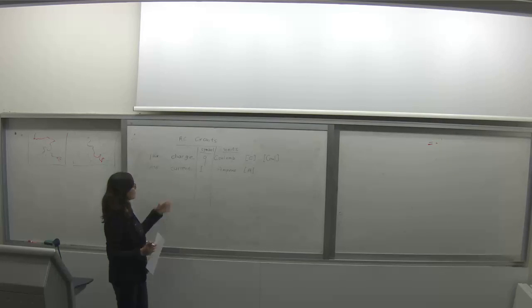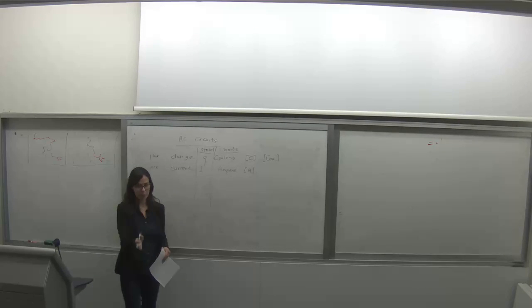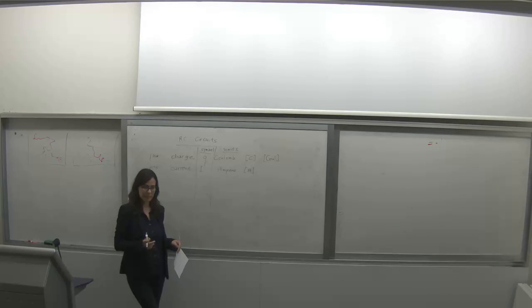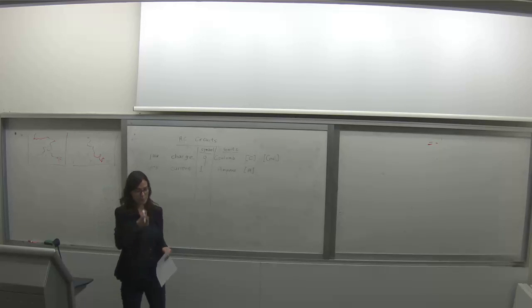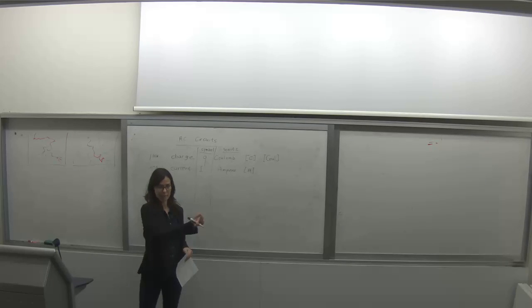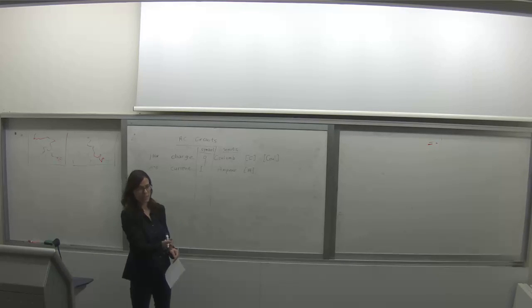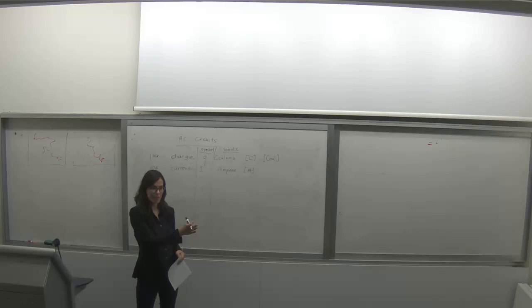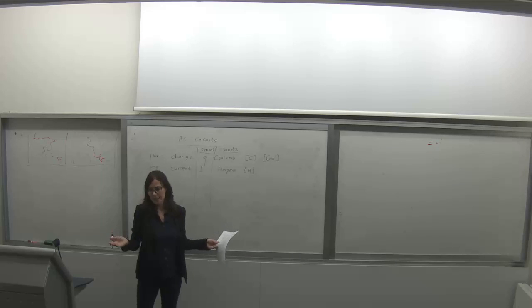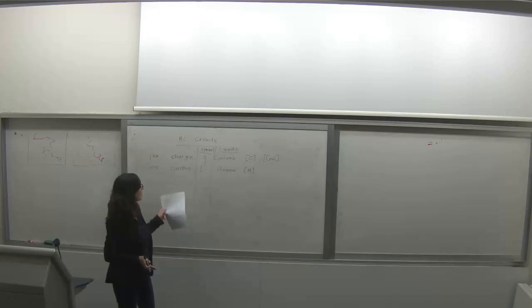So the definition of current is how much charge is going through one section of this material in 1 second. Okay? So if, for example, I'm looking at this one section, I'm taking the wire and I'm just looking at this one section, and I'm asking how much charge went through this section in 1 second, and the answer is 1 Coulomb. So the current through this section is 1 ampere.